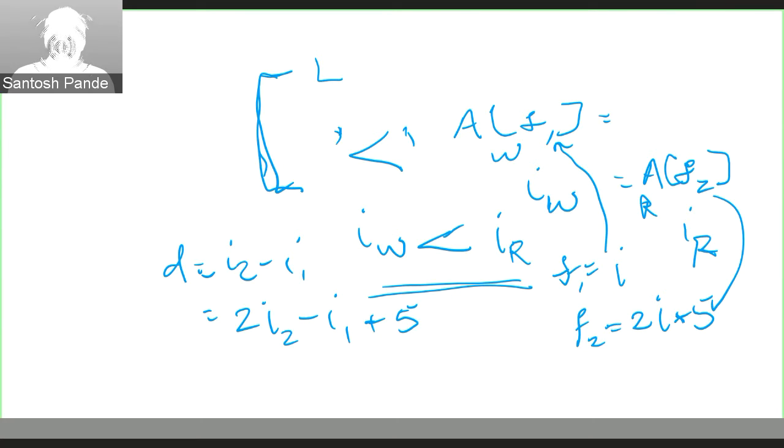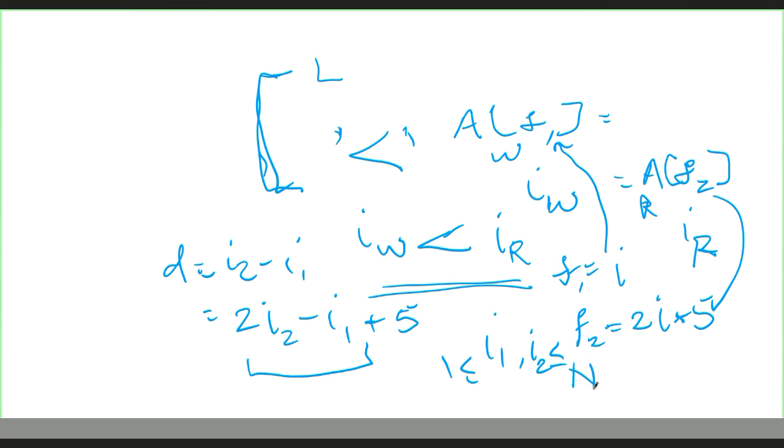So let's say the dependence was occurring when these two were equal. So this is the distance. You can focus on this distance here. Let's say for several pairs this particular dependence is true, such that I1, I2 lie within the bounds. This is within the bounds 1 to n.